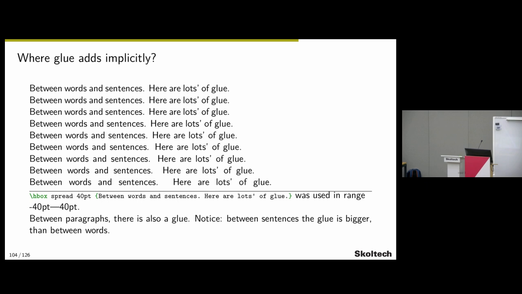And you can see that the glue between words is lower than the glue between sentences. The sentence has more space. That's the typography of LaTeX. It's how it works. It tries to make the paragraph good to see.